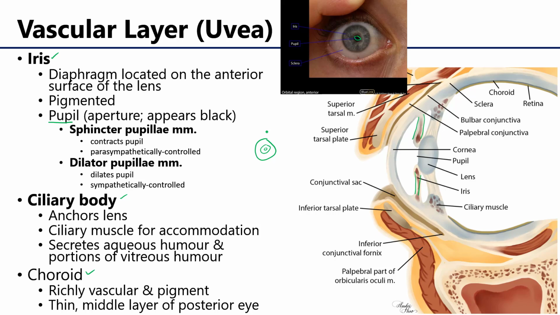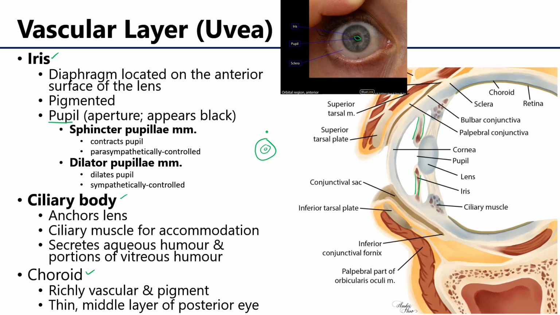With constriction, less light is transmitted to the lens. With dilation, more light is transmitted to the lens. And the actions of the iris are compliments of various intrinsic eye muscles known as the pupillae muscles.